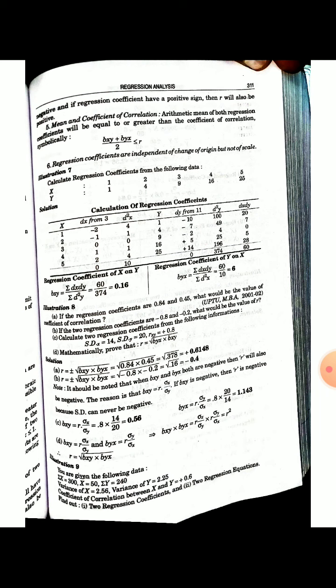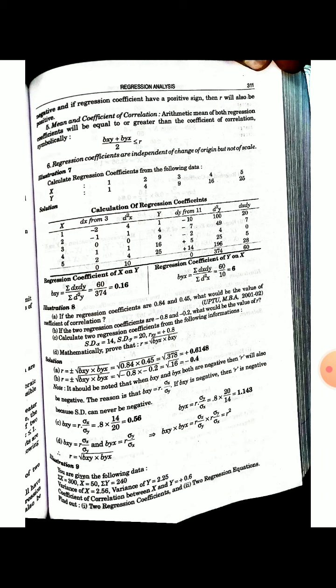So the values which we will get will be 10 by calculating the total of d square x, we will get 374 by calculating the total of d square y, and we will get 60 by calculating the total of dx dy. Now we will calculate bxy. For bxy, regression coefficient of x on y, bxy will be calculated by sigma dx dy upon sigma d square y.